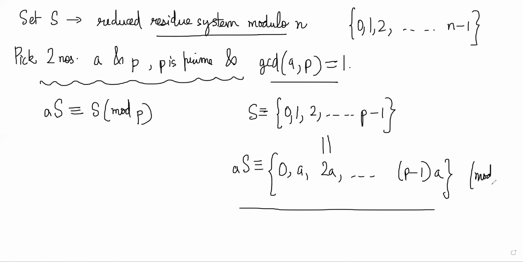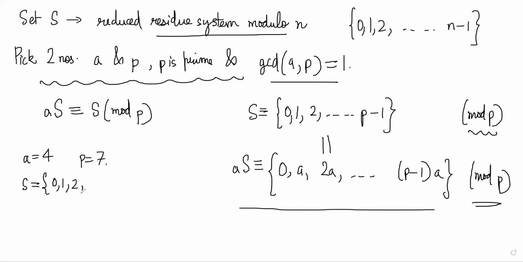Why will that happen? We can prove this, but first let's understand how. Let's take an example and see if it is working out. Let's pick A and P such that they are co-prime. So let's say A is equal to 4 and P is equal to 7. The set S for 7 is 0, 1, 2 till 6.